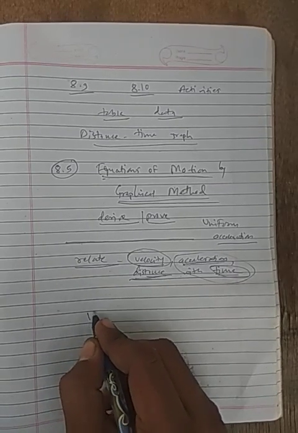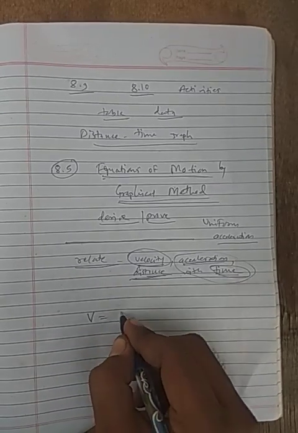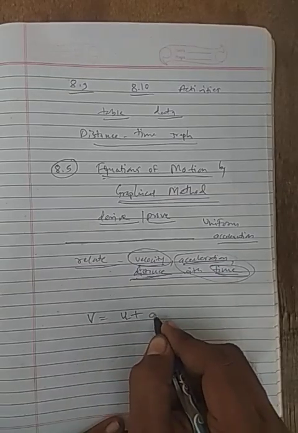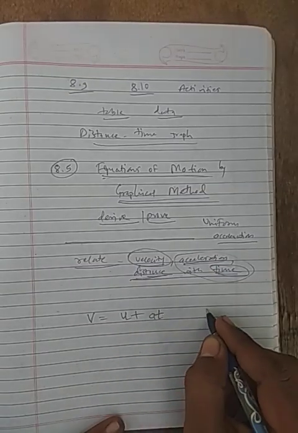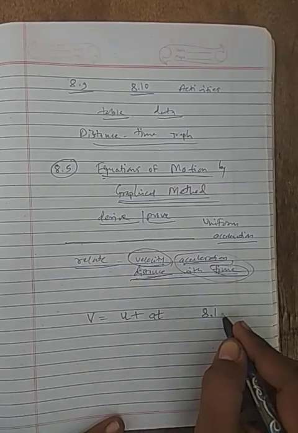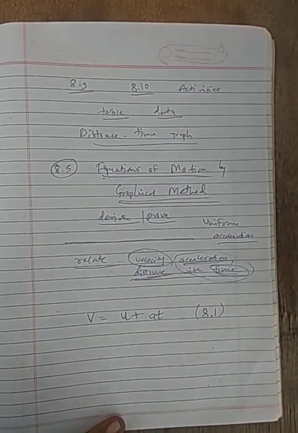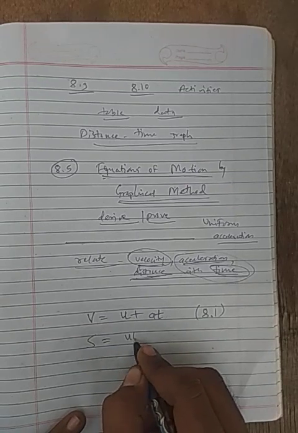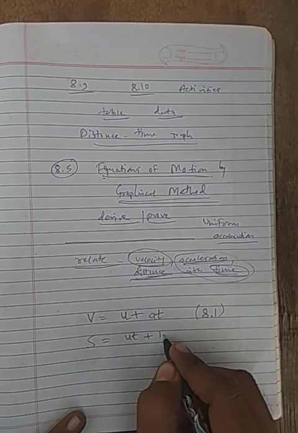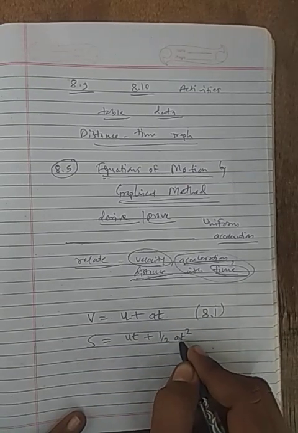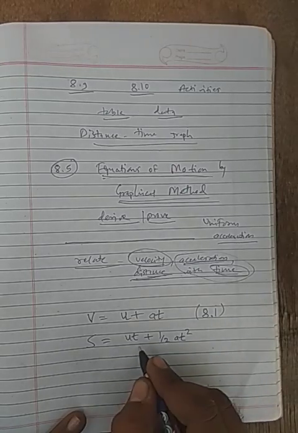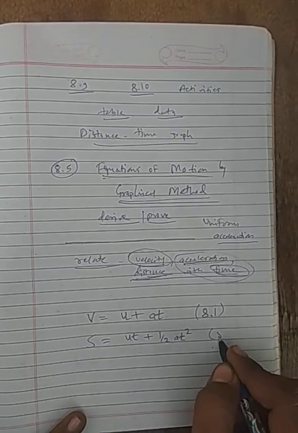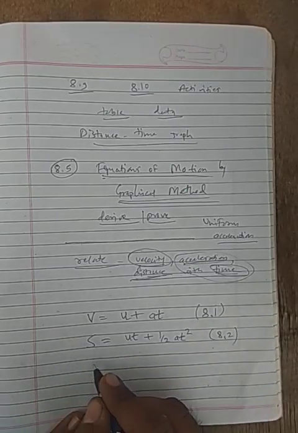First equation is v = u + at. Let's say this is equation 8.1. Second equation is s = ut + (1/2)at², it is 8.2.